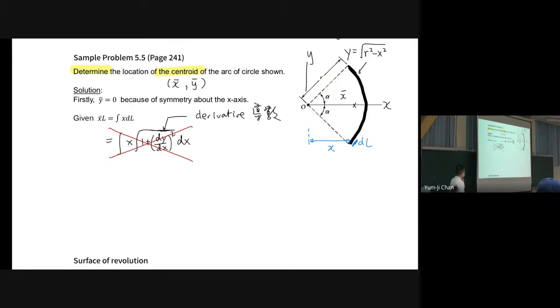We don't want to put dl in this method, but we have another way of doing this. We consider this one. For dl, we mark two lines here, one here and one here.